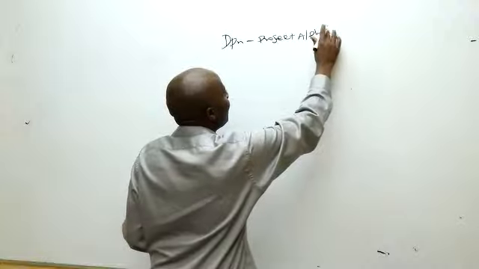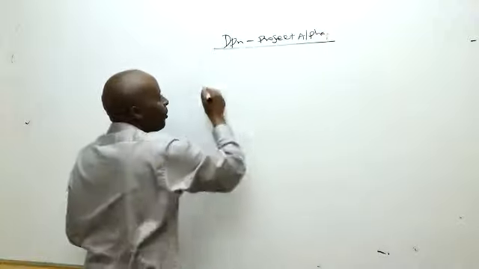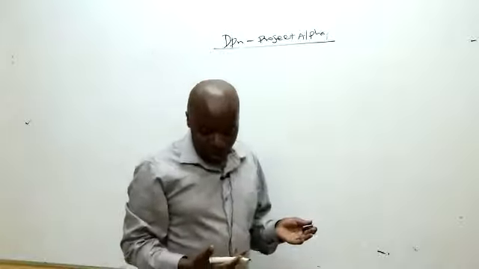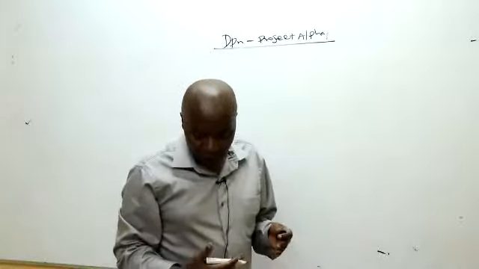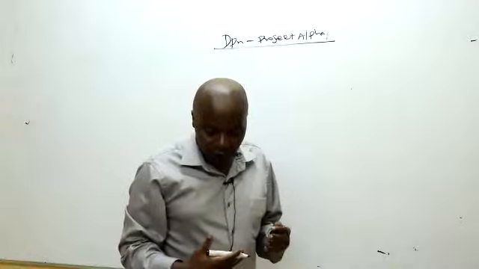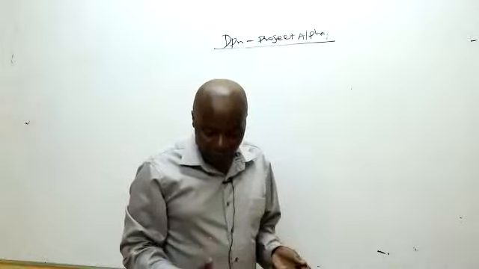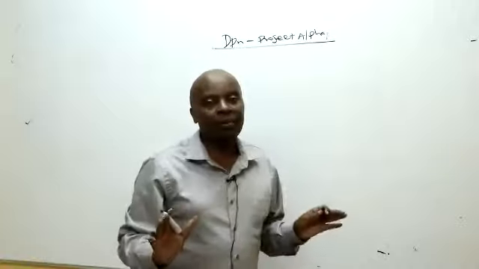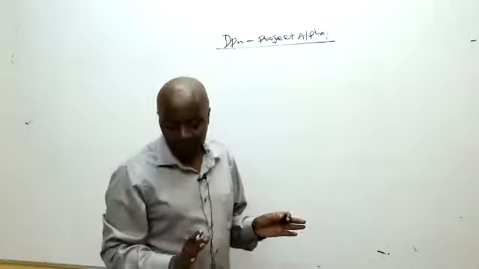So Project Alpha depreciation, ladies and gentlemen, they have told me to use straight line method. And of course, if they are quiet, we always prefer straight line method to any other method in finance.